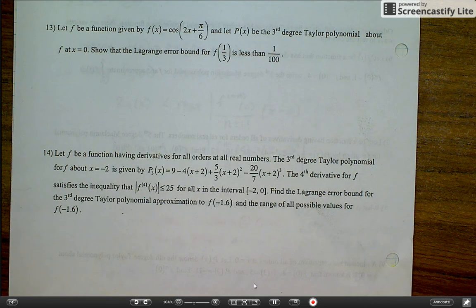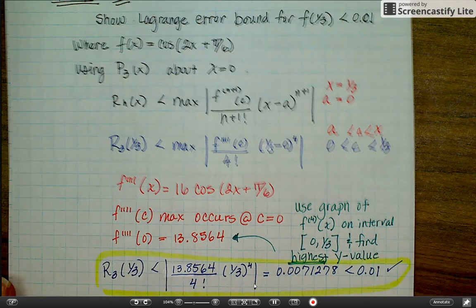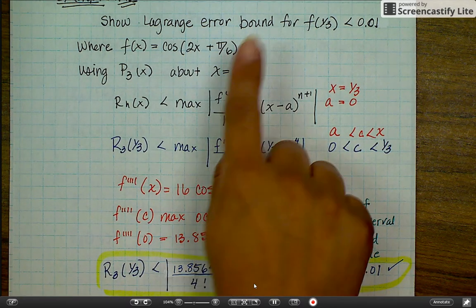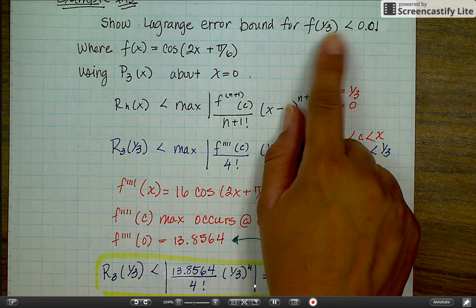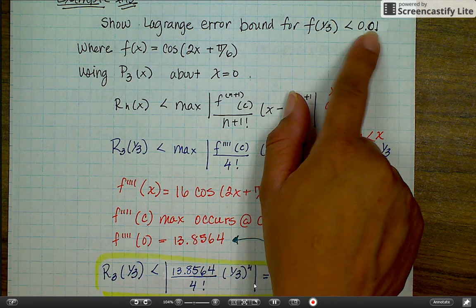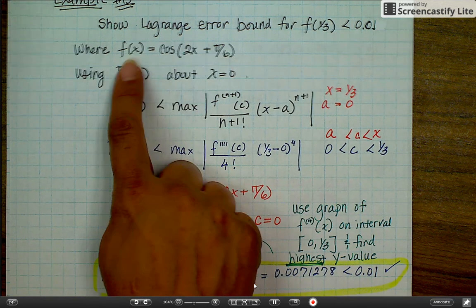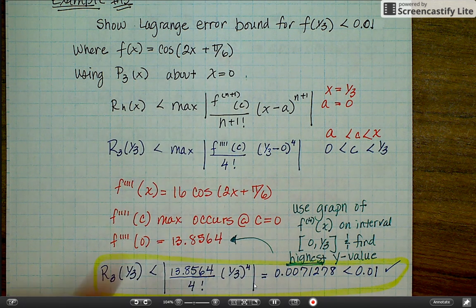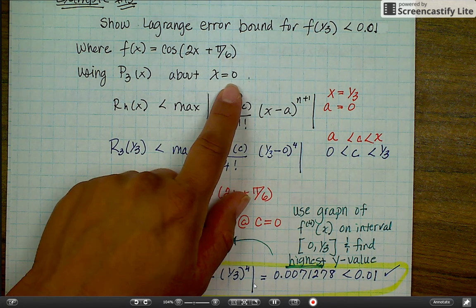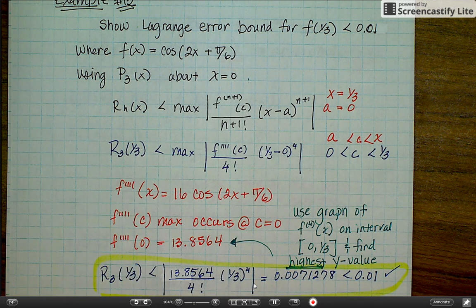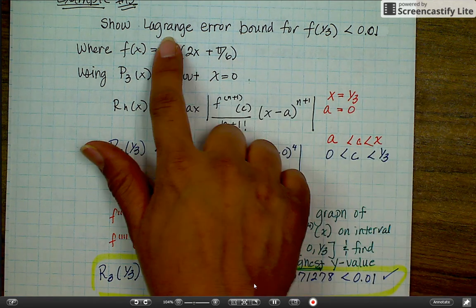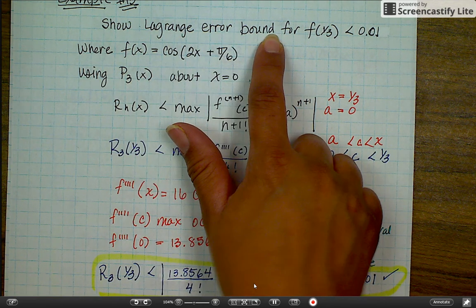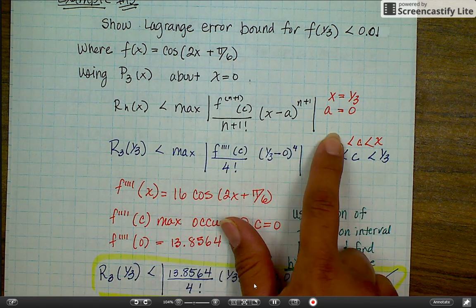We're showing that this is less than 0.01. Okay, and this is what my f of x is. And they said about x equal to 0, which in other words is a Maclaurin series. But what they're really concerned about is the Lagrange error bound. So that is this formula.